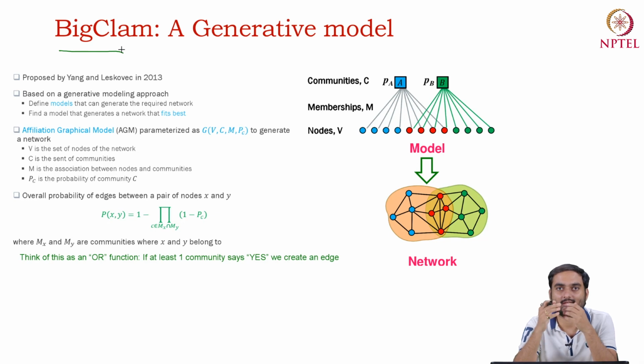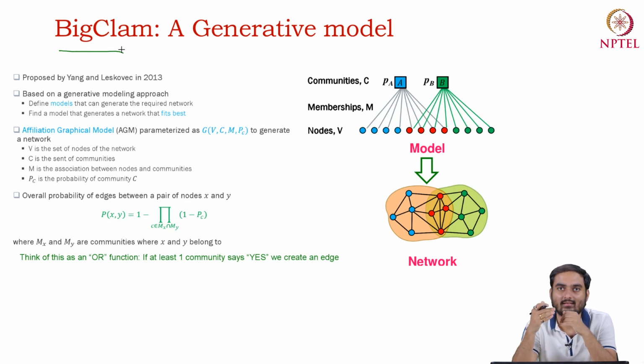We see how this generated network resembles the original network that is already there, and we try to minimize the distance between these two.